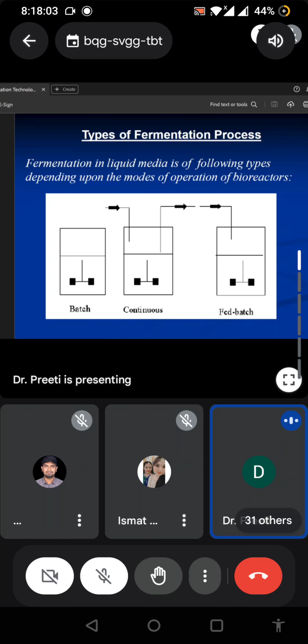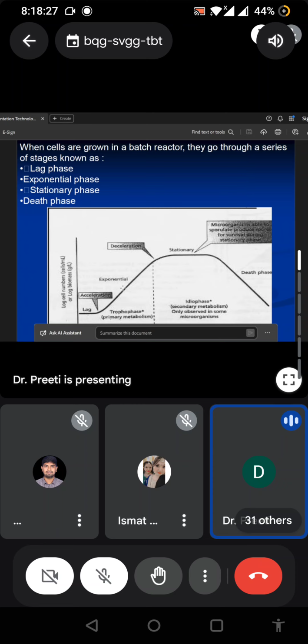batch. Why? Because, as it says here, in case of batch fermentation, when you inoculate the media with cells, it will undergo the cell growth stages. You are familiar with the growth phases of bacteria: lag phase, log phase, stationary phase, and death phase.